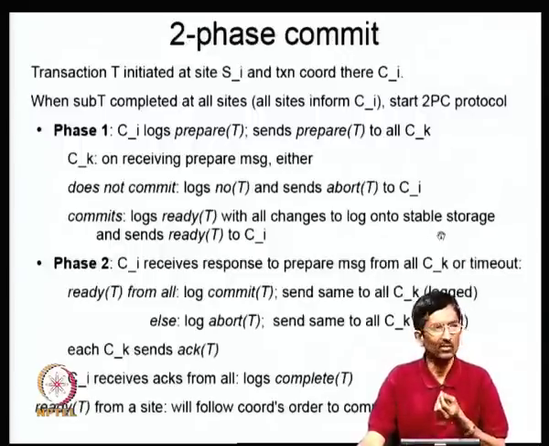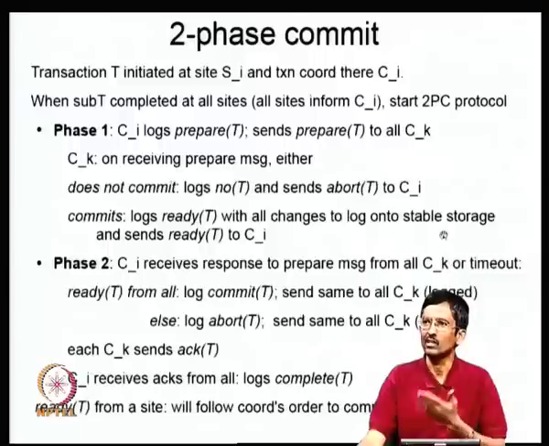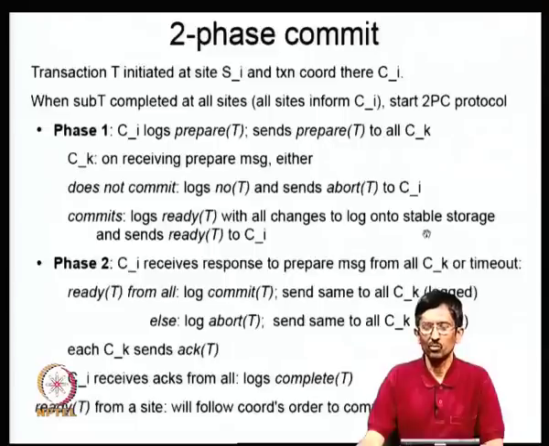I can write to a disk and then it can fail, and next time I read it, I may not get the result back. It's possible. So, a disk by itself is not a stable storage. If you want to make stable storage out of unreliable components like disks, you need to do something else. That itself requires, surprisingly, a recursive aspect of commit protocols. So, we will talk about it later.